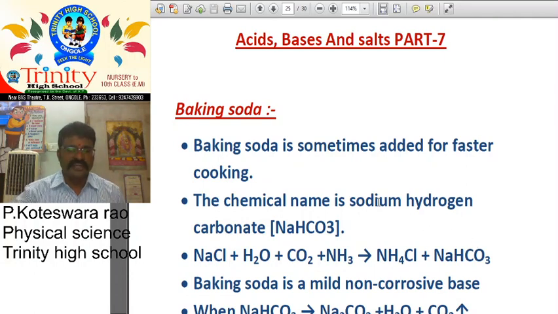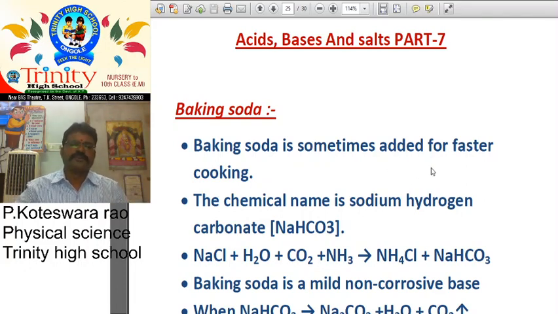Then, sir, where do we use it? We use this baking soda in our house, in our general eating purpose, while preparing pakodis, bondas, etc. We must add baking soda. Baking soda is sometimes added for faster cooking.